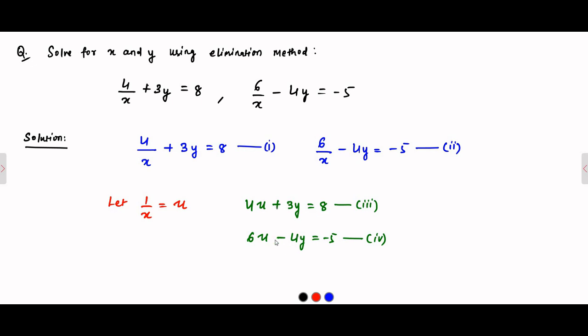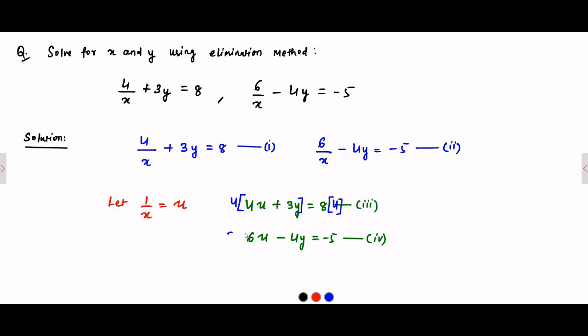We have plus 3y, we have minus 4y. So we will match the coefficients of y through multiplication of certain suitable numbers, and we'll add them. So here we'll multiply by 4 in the LHS and 4 in the RHS.